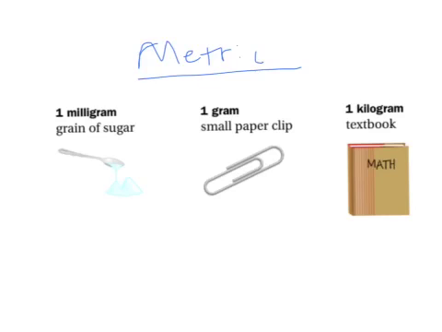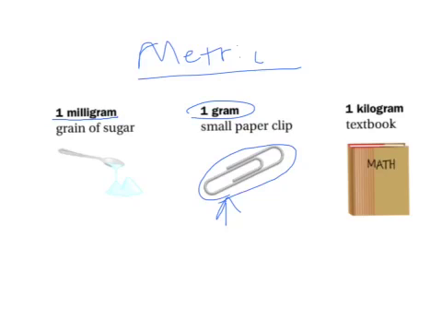In metric for weight, we have 1 milligram is about a grain of sugar. I mean, it weighs hardly anything, a milligram does. It's just so light. A gram is also really light. A gram is the weight of that same paper clip that we've been talking about. So you can imagine, a paper clip doesn't weigh much of anything. That's a gram.